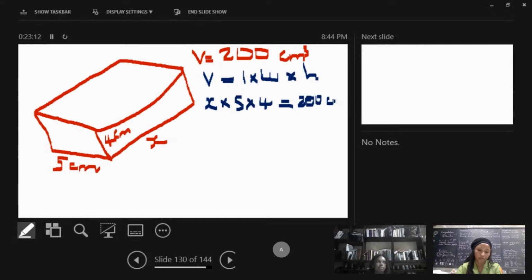Then we divide both sides by 20 to get x, and x would be 10 centimeters. So the length is 10 centimeters.